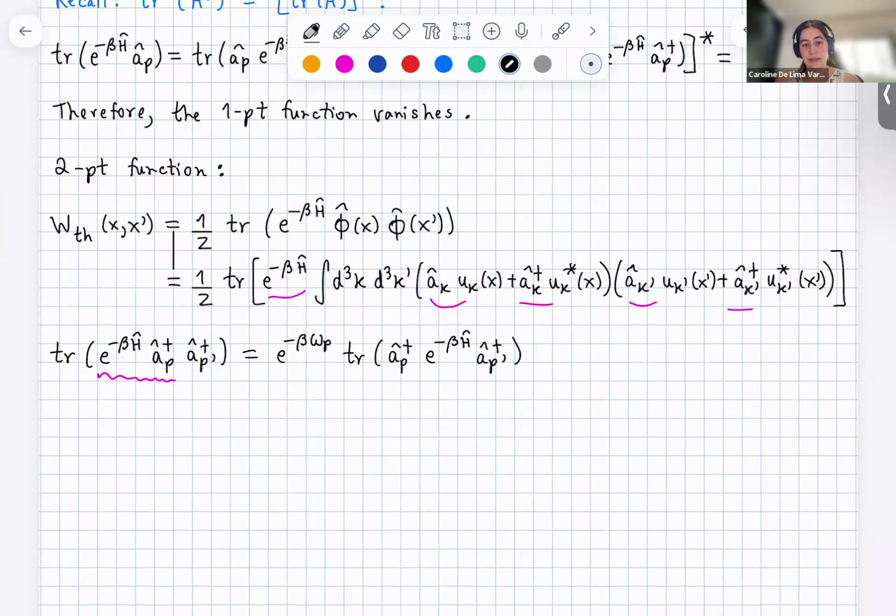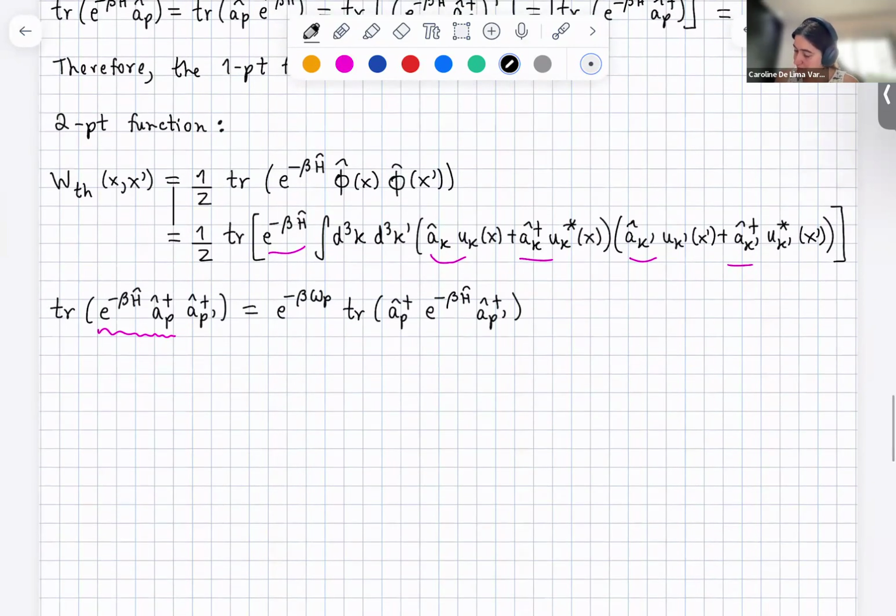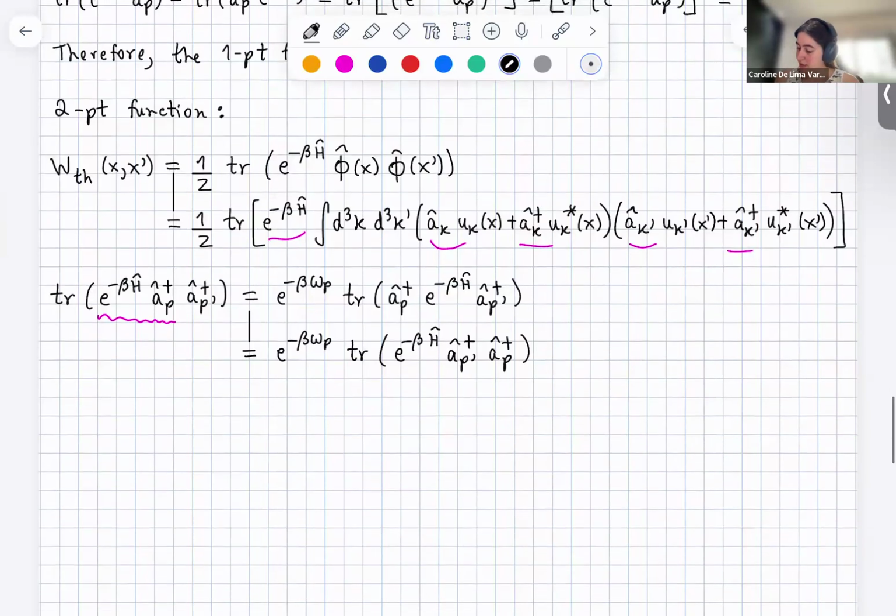Now I'm going to just use cyclicity of the trace again. So this is going to be equal to minus beta omega_p times the trace of e to the minus beta h, a_p prime dagger this time, times a_p dagger. Okay. And again, I'm going to use here the pink identity.